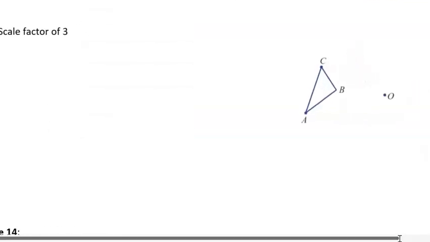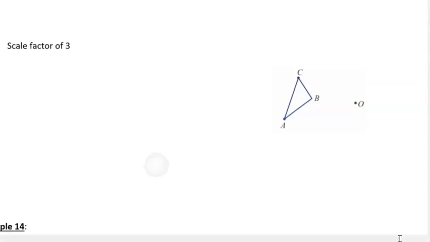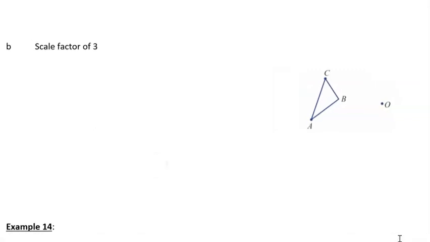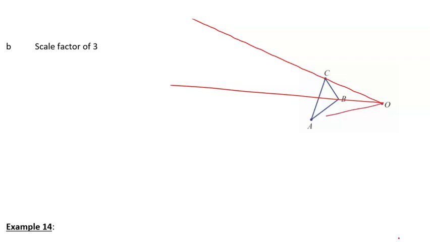We'll get a scale factor of 3. As you might imagine, our image is going to be larger because we're larger than 1. So I'm going to make a straight line from O through C and past C. I'm going to do the same thing from O to B, from our center of enlargement, lining them up with a ruler.